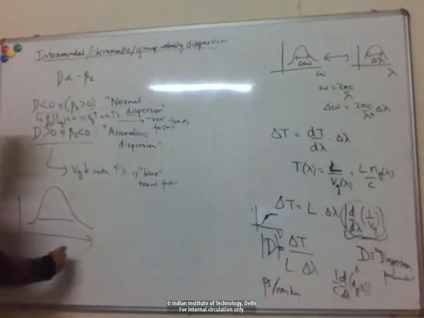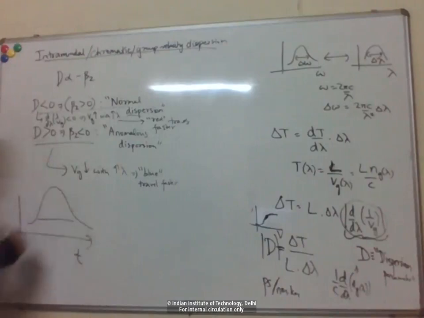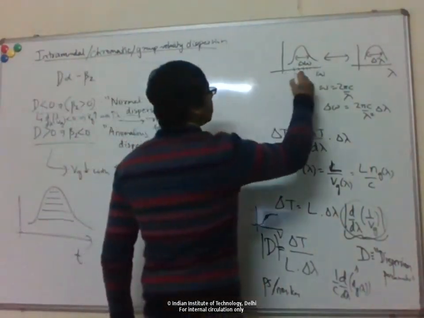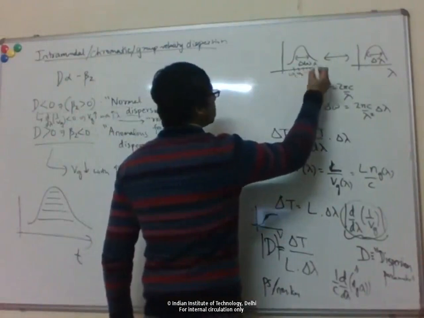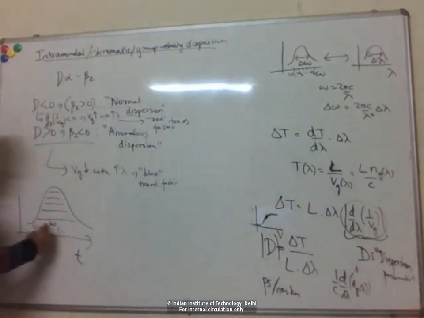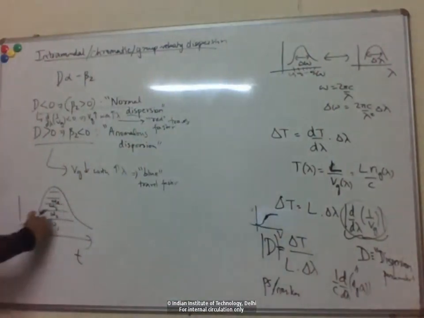At the input, when I launch the wave, if I look at the temporal pulse, I can imagine that all the frequency components, omega 1, omega 2, up to omega n, are present for all the time together. So the power is made up of some power at frequency omega 1, some at omega 2, omega 3, something like this.